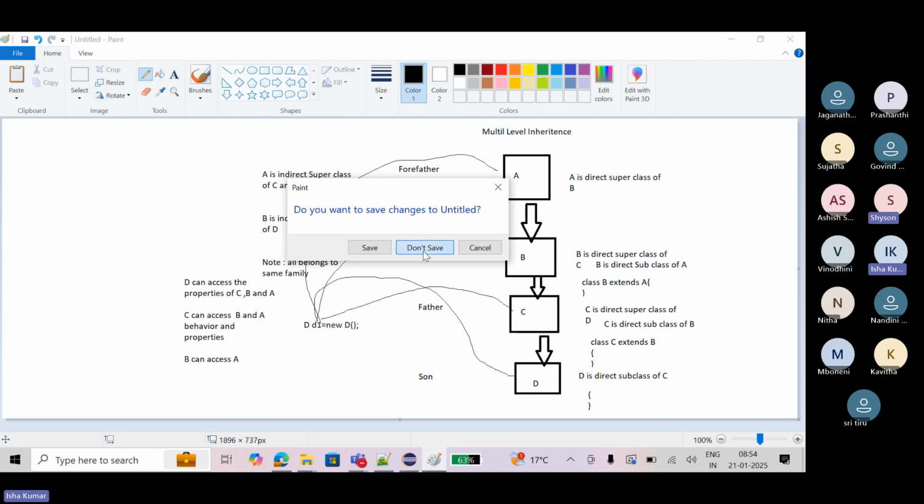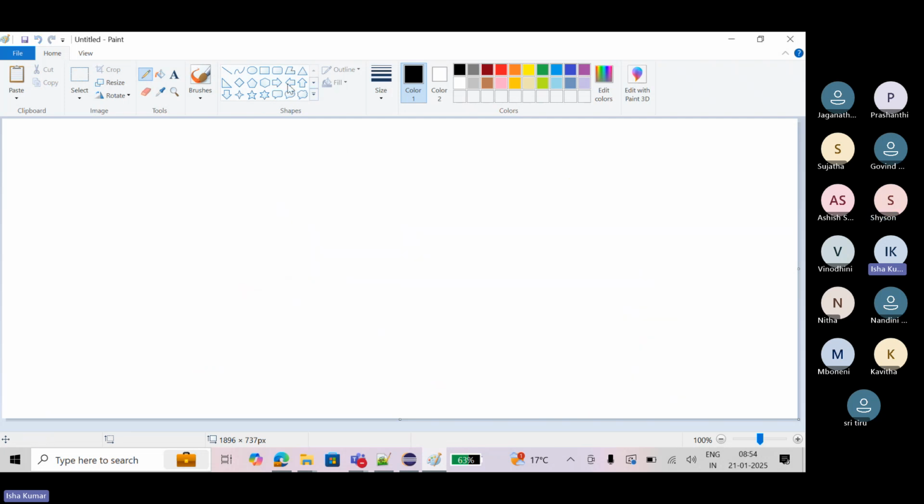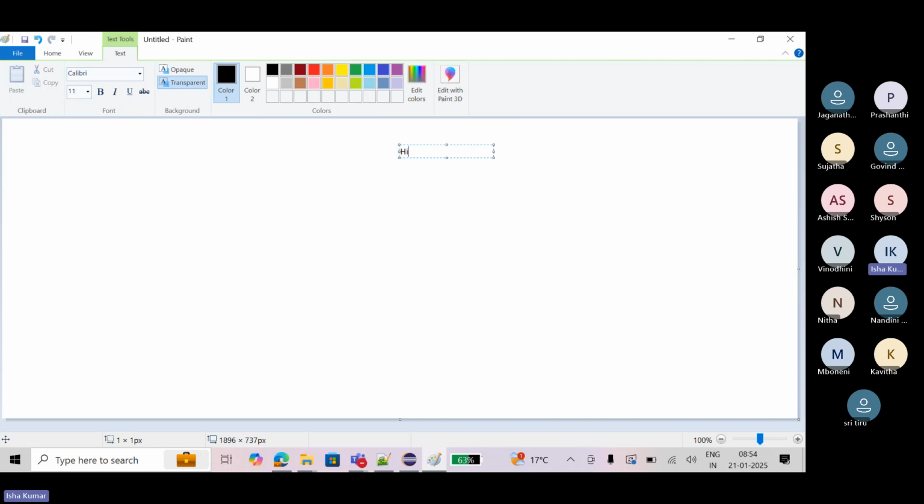Now, we'll see hierarchical inheritance. Guys, I am very bad in English. You can see the spelling here: H-I-E-R-A-R-C-H-I-C-A-L inheritance. You can check the spelling. Just understand the meaning of that.